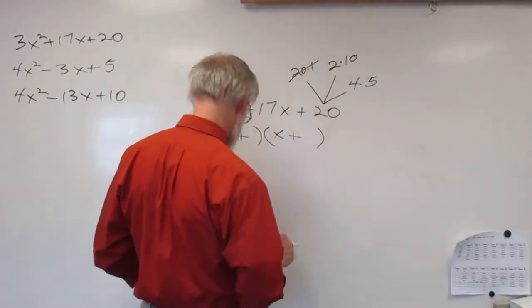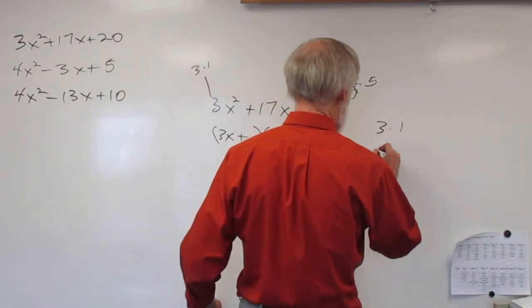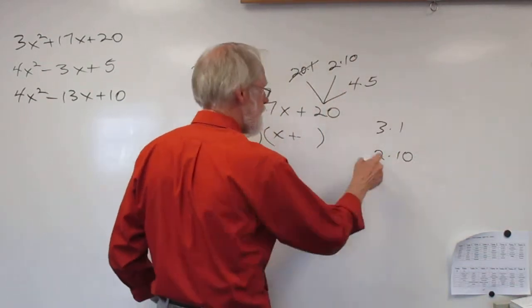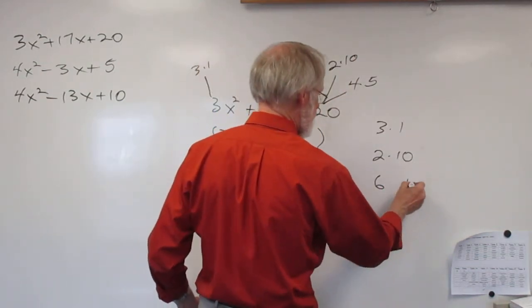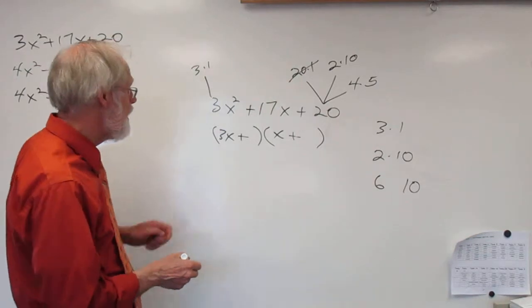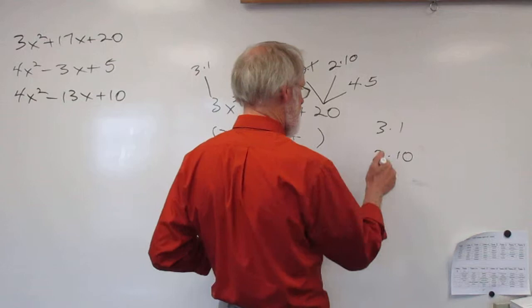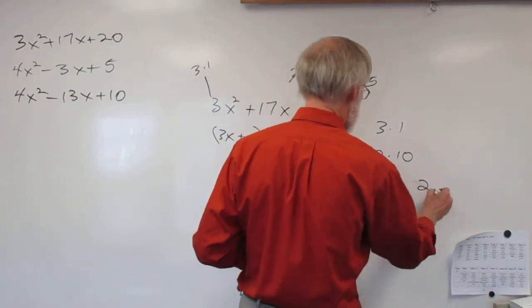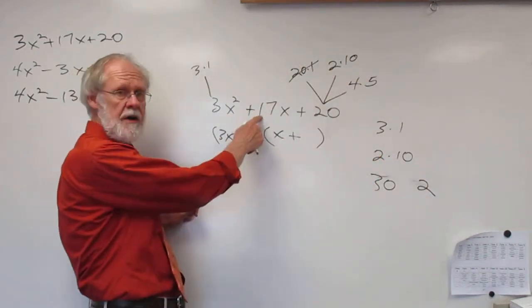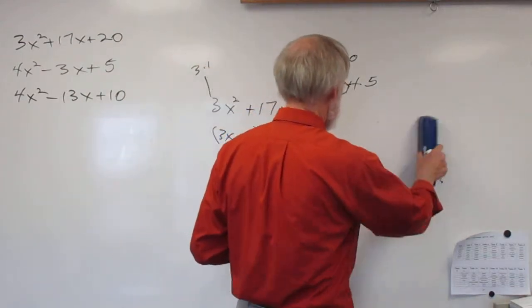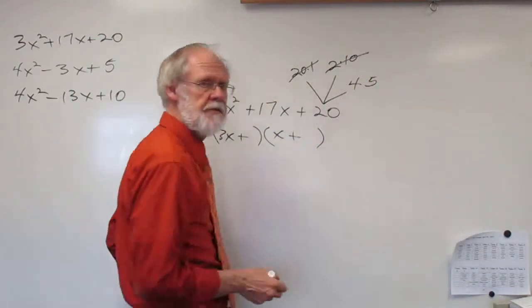Let's look at 2 times 10. So 3 times 1, 2 times 10. 3 times 2 is 6, 10 times 1 is 10, 10 plus 6 is 16, not 17. Didn't work. All right, let's try it the other way. 10 times 3 is 30, 2 times 1 is 2, that's 32, that's not 17, that didn't work. So we can get rid of that as a possibility.